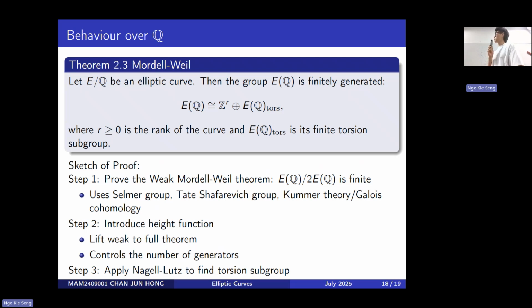So a sketch of proof for this would be to prove the weaker version of this theorem, which states that the subgroup here is finite.